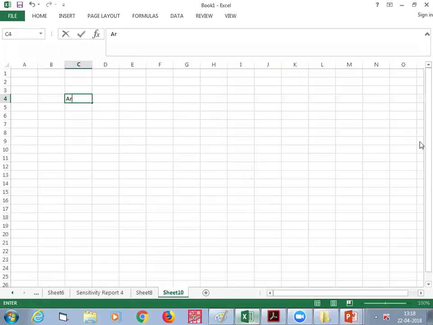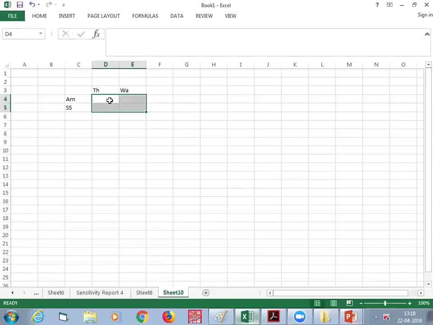Arnold, Supershelf, I'll call it SS. Thomas and Washburn. Okay, so these are the costs.